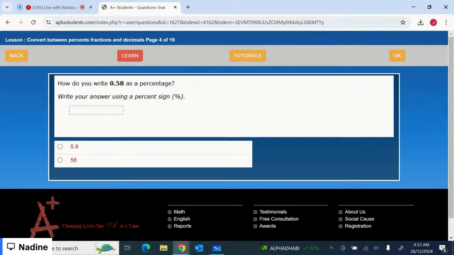How do you write 0.58 in percentage form? Whenever you have to convert from decimal to percentage form, you need to multiply it by 100.